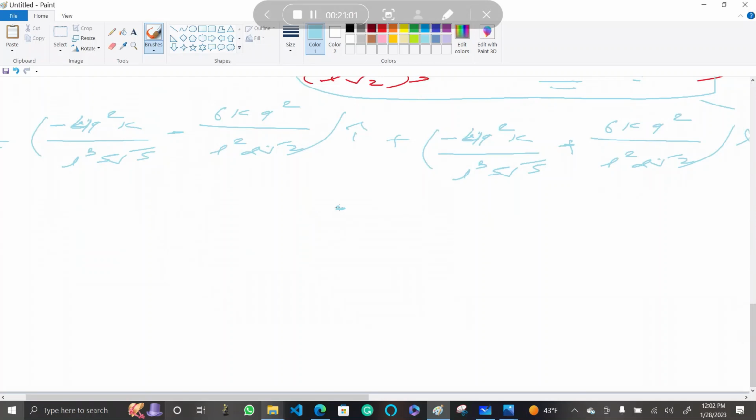But the sign would be positive here because of this sign. So this is my final expression of the force. You can just do the simple mathematics and get the final expression.